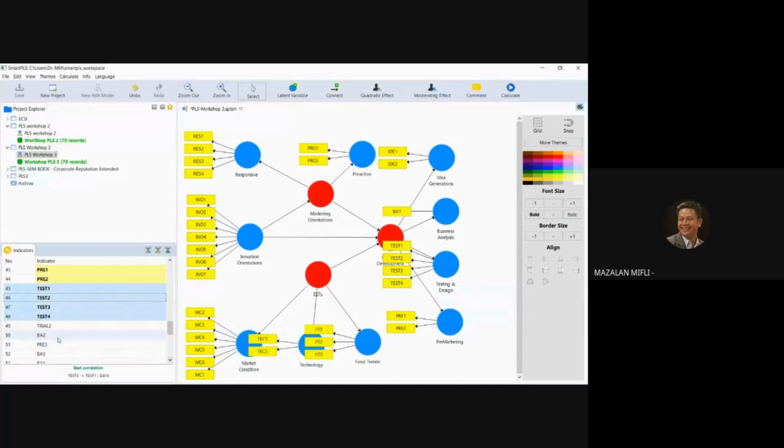Okay, then we have the business analysis and another business analysis. All right, so I've done it. So let's do some arrangement. So it will look nice.